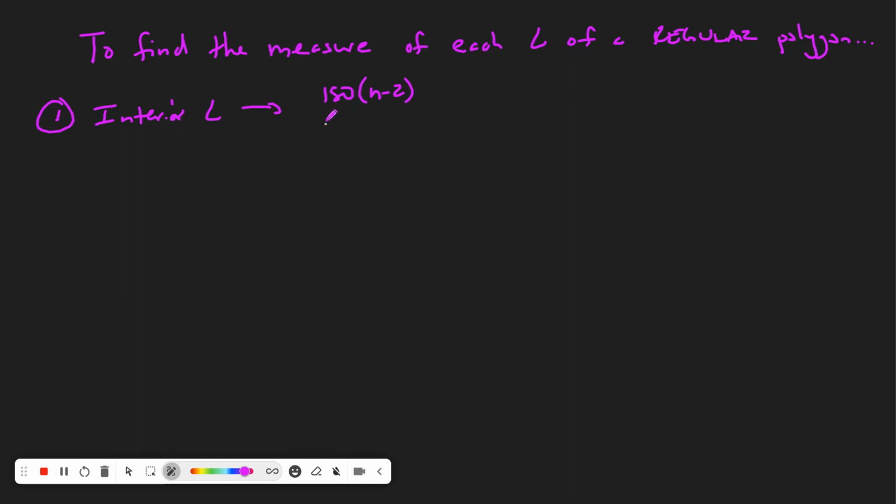That's how I got those numbers, 360 and 540. But then you divide it by the number of sides.